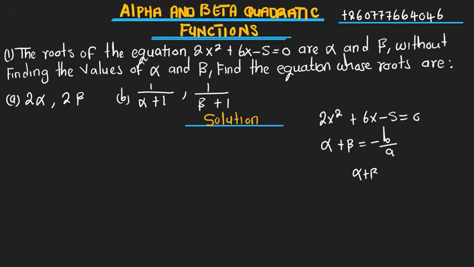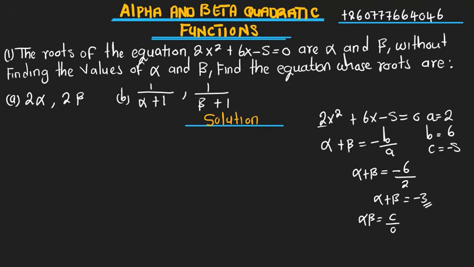Our a is equal to 2, our b is positive 6, c is equal to negative 5. So this is going to be negative 6 over 2. So the sum of roots is going to be negative 3. Product of roots, which happens to be alpha beta, is found by this formula c over a. C is negative 5 over a, which happens to be 2, so negative 5 over 2.